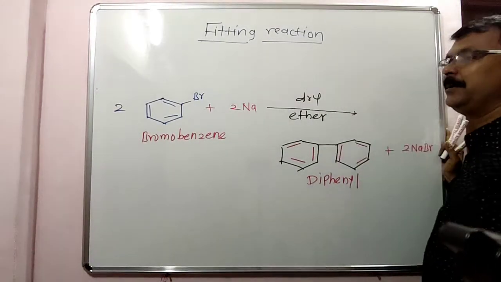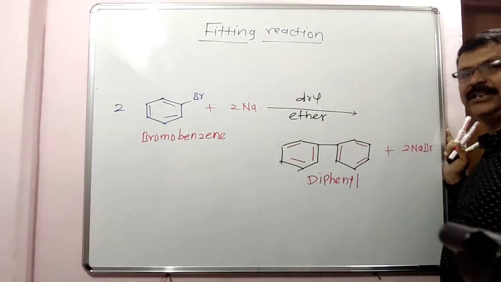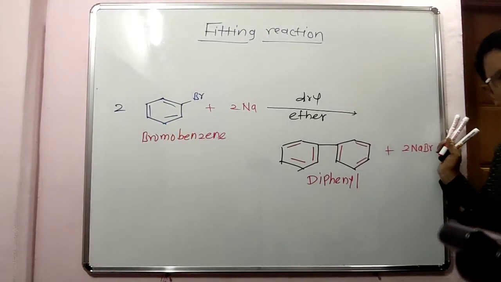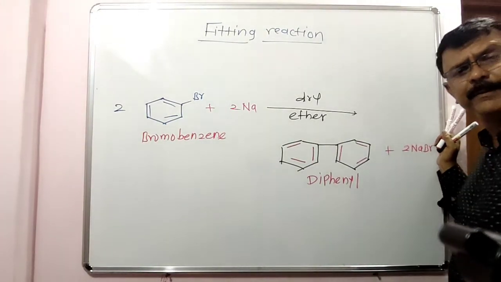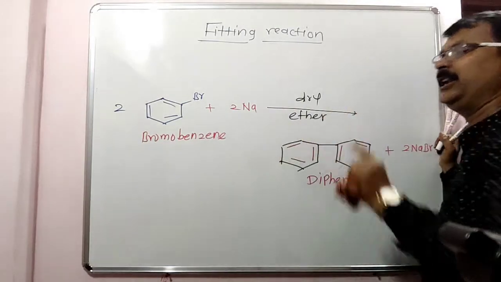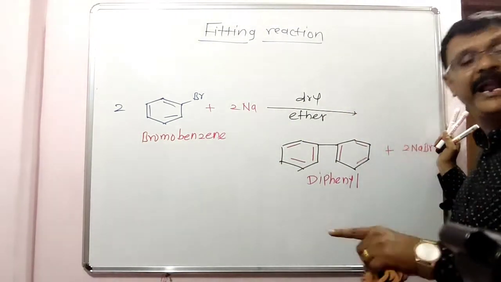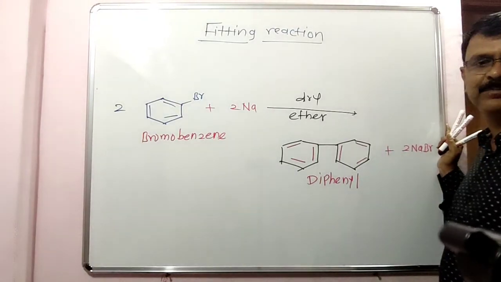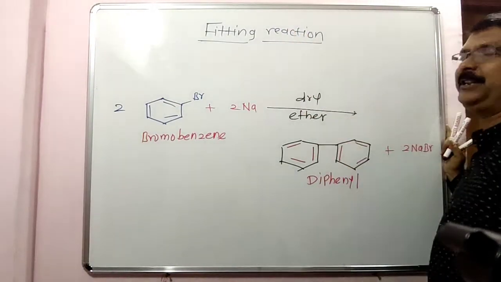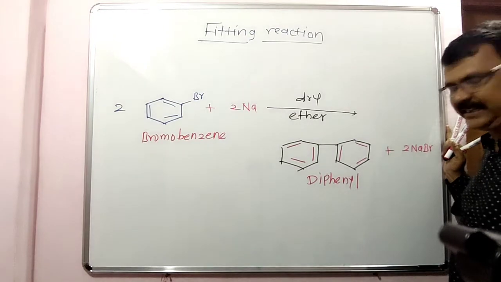The reaction is the Fittig reaction. Statement of the Fittig reaction: aryl halide is reacted with sodium metal in presence of dry ether, it gives diphenyl. This reaction is called the Fittig reaction.